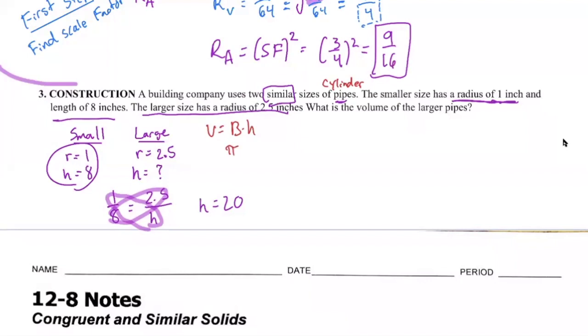It's pi times 2.5 squared times the height, which is 20, which is what we solved for. That's about 392.7 inches cubed.